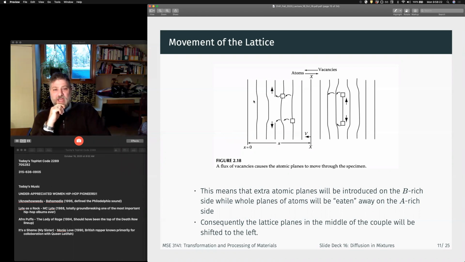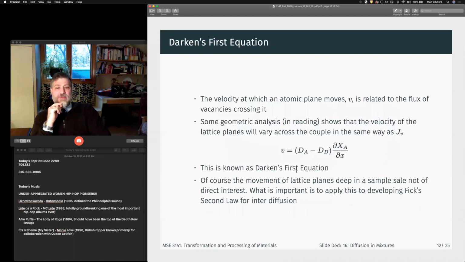Right? So we have a net motion of the lattice. We can do some geometric analysis. It's in the reading. It's not worthwhile spending a huge amount of time on it, but it's not too difficult to show that the velocity of the lattice planes is going to follow the same form as the motion of vacancies.